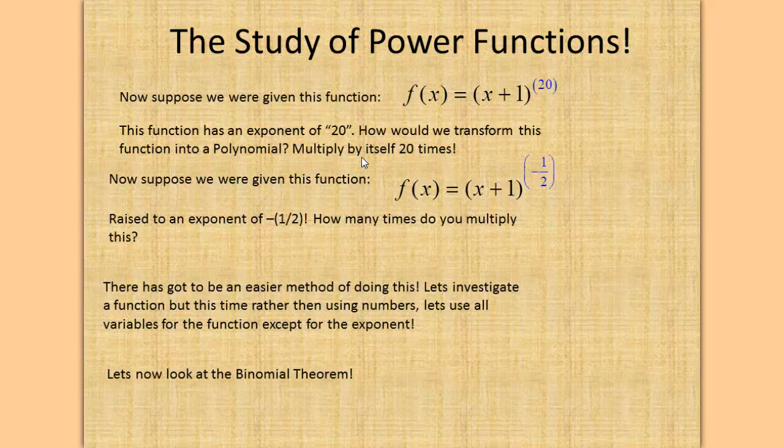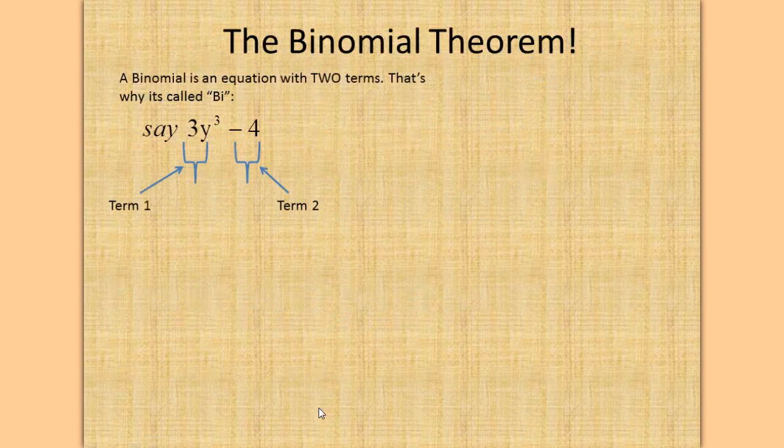Let's investigate a function, but this time, rather than using numbers, let's use all variables for the function except for the exponent. Let's now look at the binomial theorem. A binomial is an equation with 2 terms. That's all it is. That's why it's called bi. So let's say we have 3y cubed minus 4.